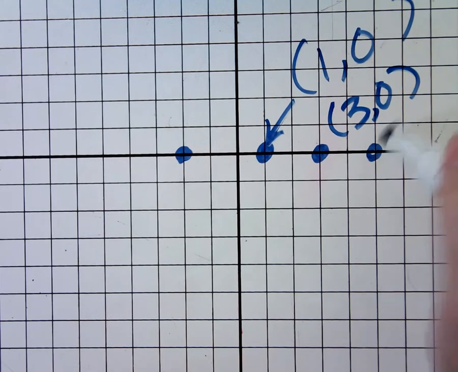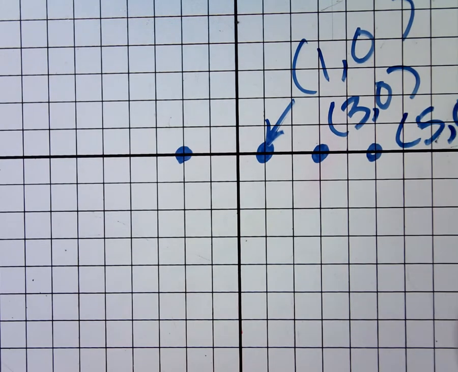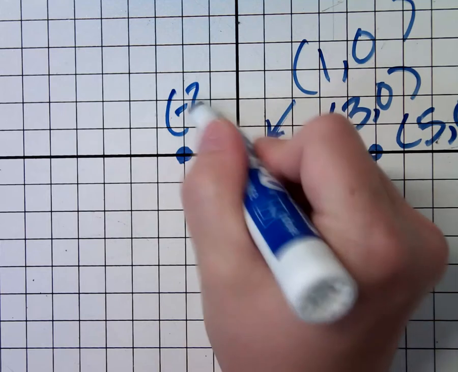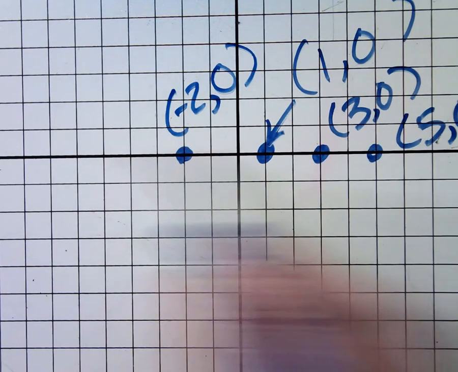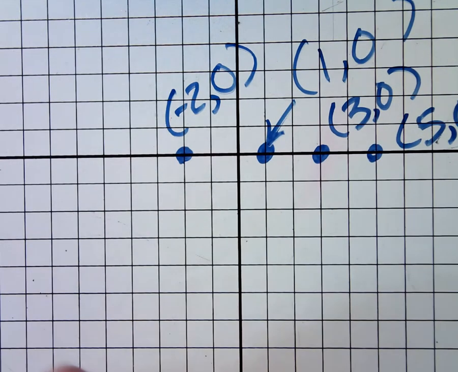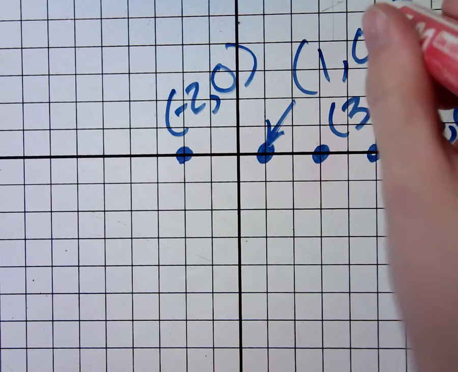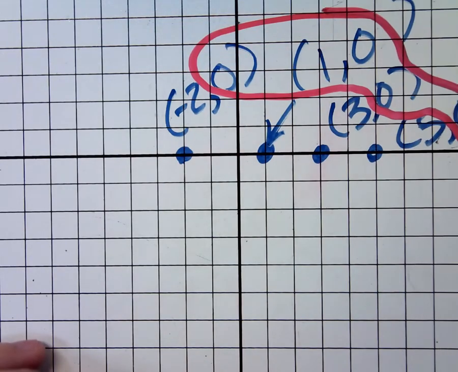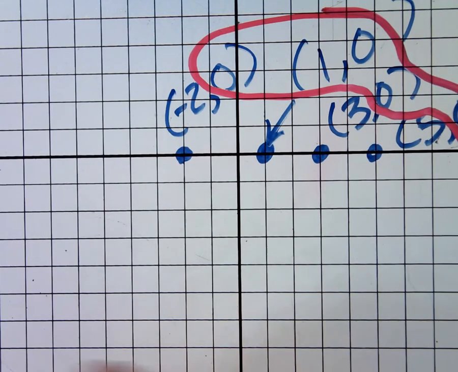How about this one? 5, 0. Very nice. And how about this guy over here? Negative 2, 0. These are called x-intercepts because they're on the x-axis. And what do you notice they all have in common? A y-coordinate of 0.